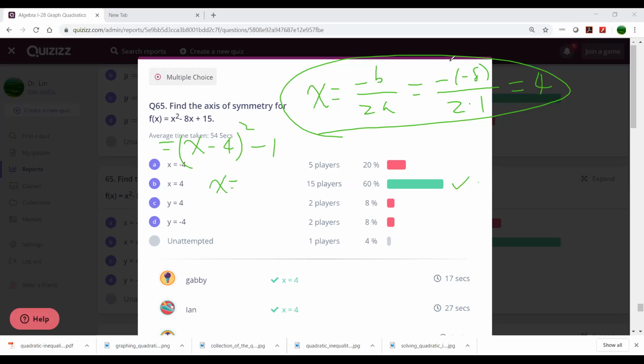So x equals 4, and the vertex is (4, negative 1). Make sure it's (4, negative 1). If your question asks what's the vertex, it will be (4, negative 1). Any questions? Someone, 9 people did it wrong, 1 person didn't finish, but most people did it correctly.